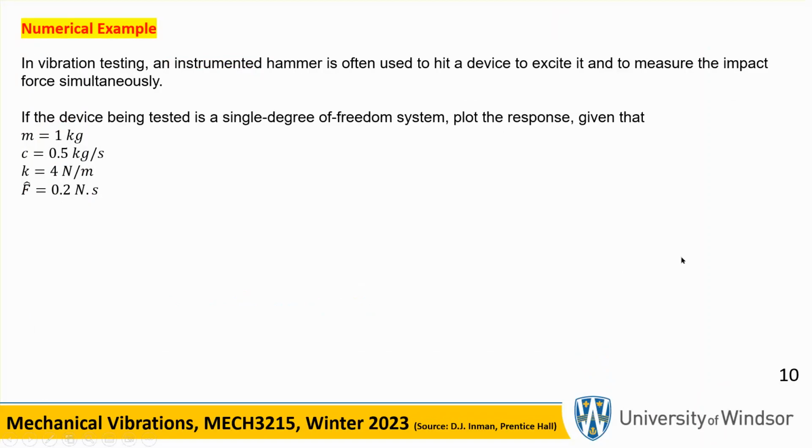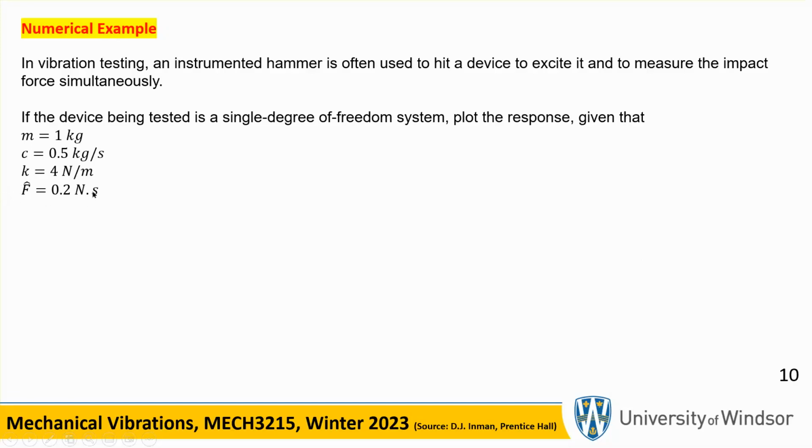Okay, this is the first example we're going to do. We have a mass spring damper system, and we hit it while it is sitting at rest. We hit it with an instrumented hammer, and some information is given here so that it produces that much impulse.